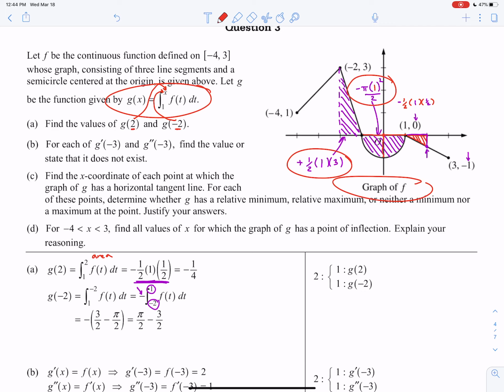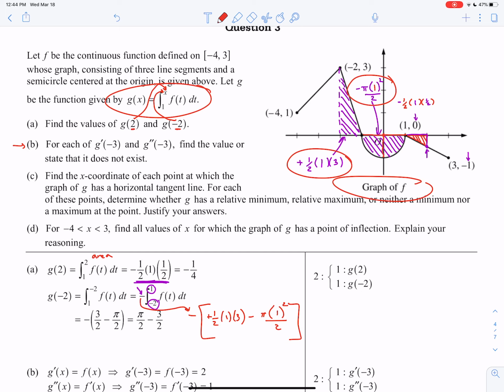So what I would do is I would write negative for the fixing of the bounds. Okay. Area of a triangle, which is positive 1/2 times 1 times 3. And then I'm going to subtract pi 1 squared over 2. I'm subtracting it because the area is below the x-axis, okay? That's enough for you to just leave it there. That'll give you two quick points there.